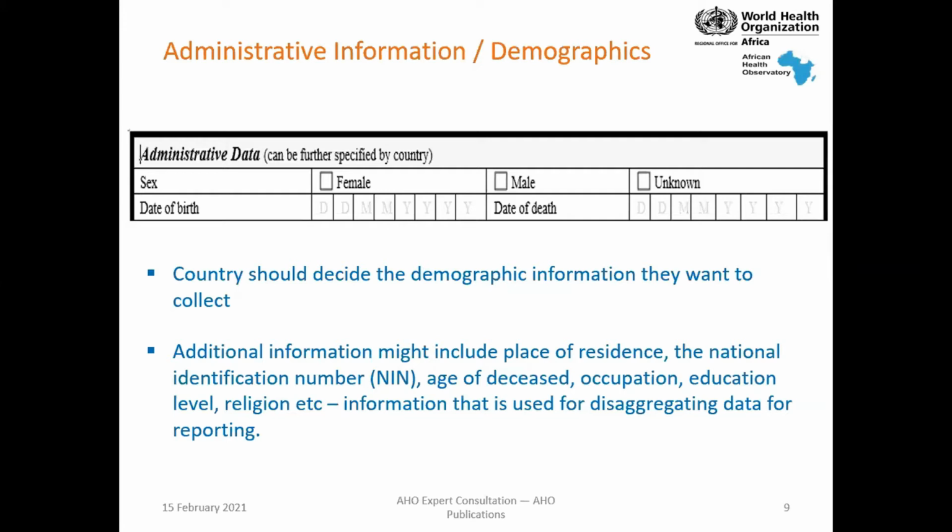We have already supported Uganda to build this medical certificate as an online tool. In Uganda, once you put in the patient's national identification number, all the information on the age, the sex, the place, and even the facility populates itself, so you don't have to take time to fill these sections.